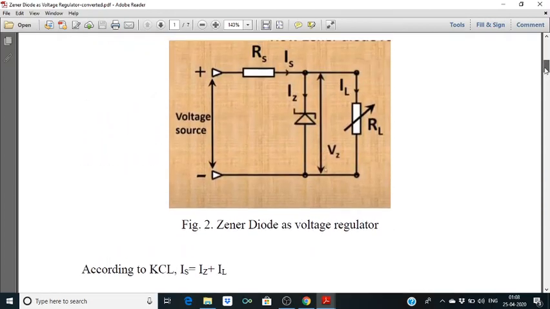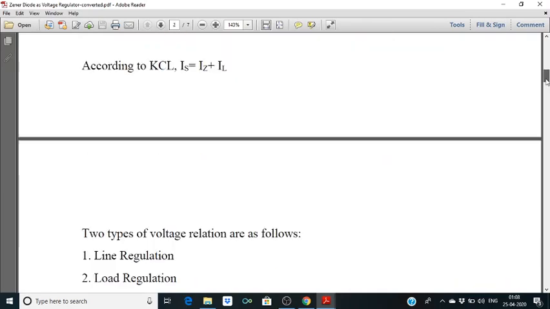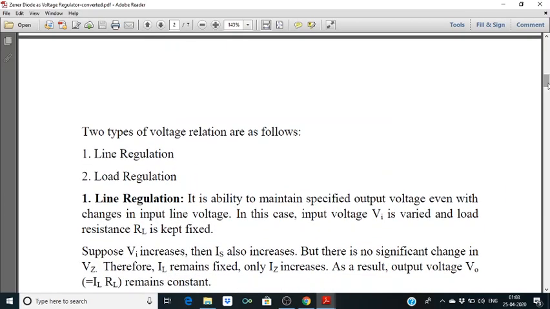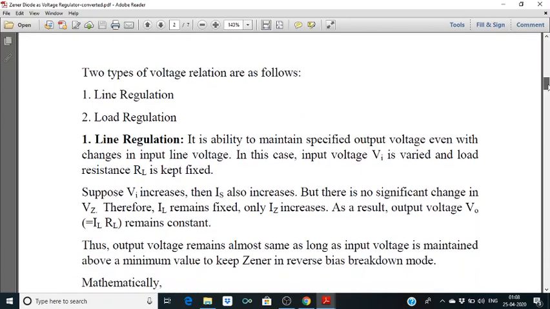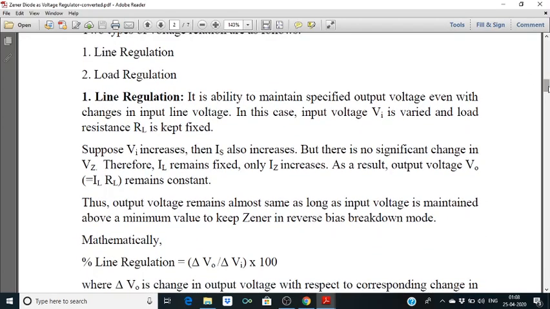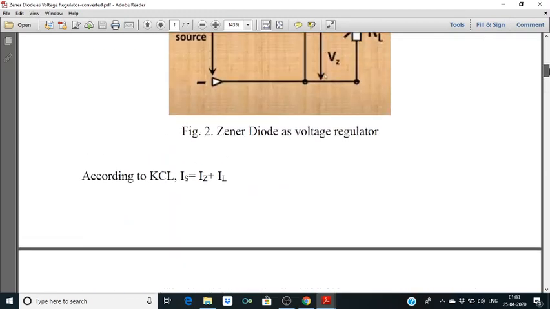According to KCL, at this node IS equals IZ plus IL. Now there are two types of voltage regulation: line regulation and load regulation. Line regulation means the ability to maintain a constant output voltage while we are changing the input voltage supply.